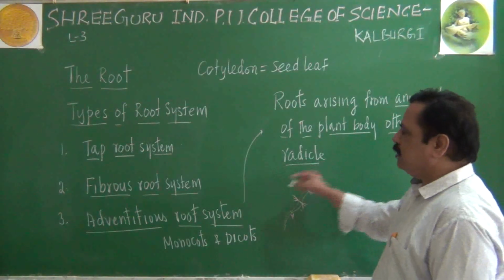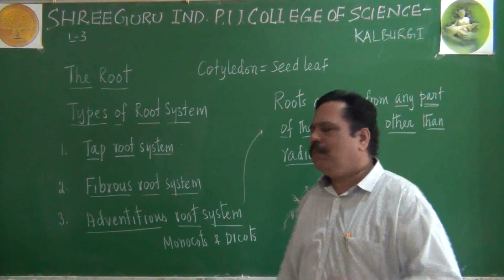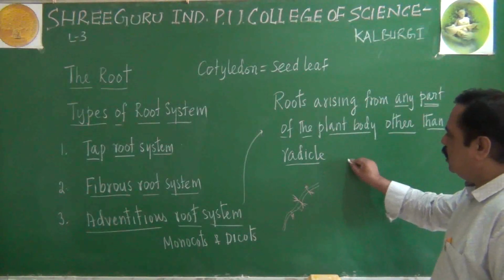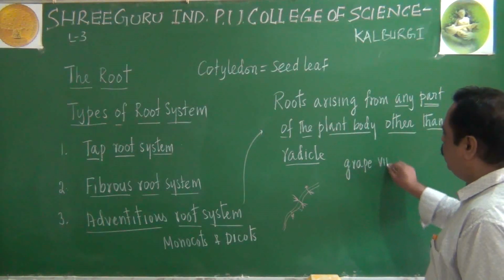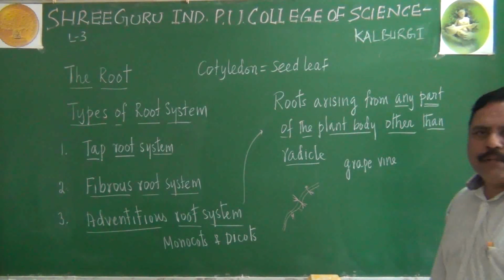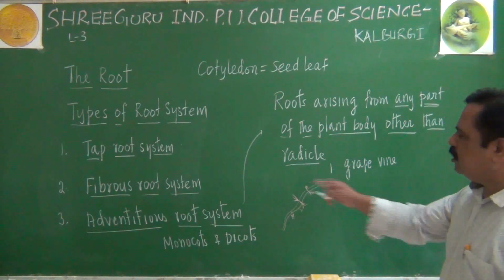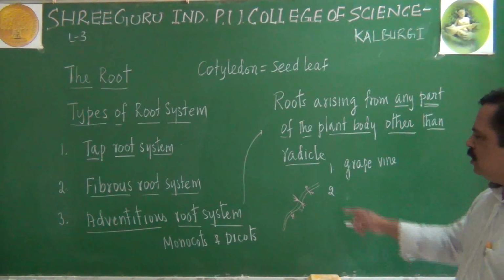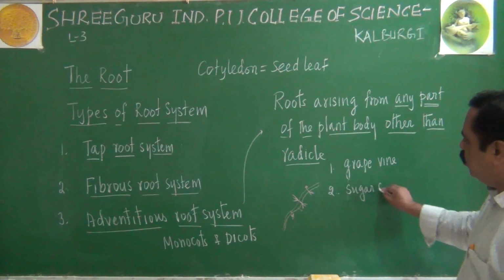Such a root system will be called what? Adventitious root. What is the example for this? I told you already, grapevine. Remember this point. Not only this one, even adventitious roots can originate in the case of sugarcane also, from the node like that.